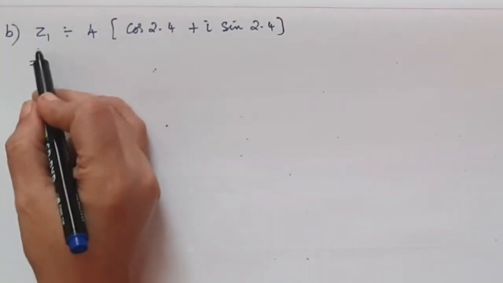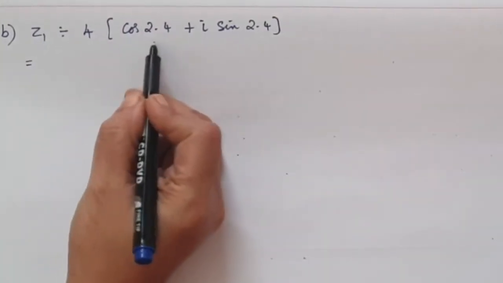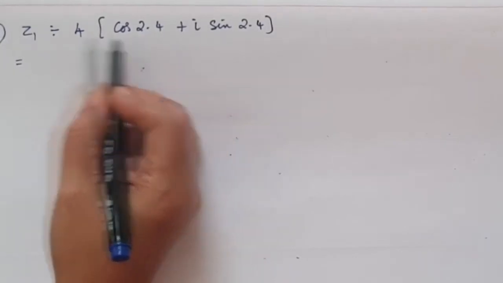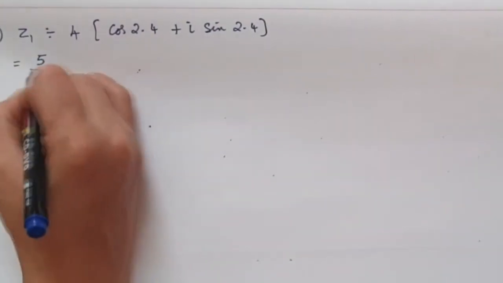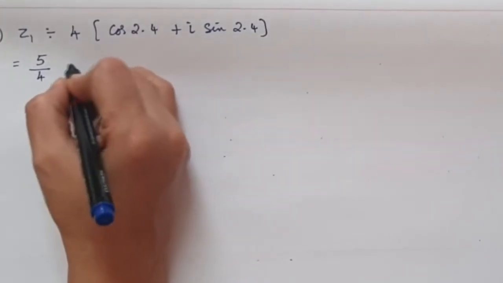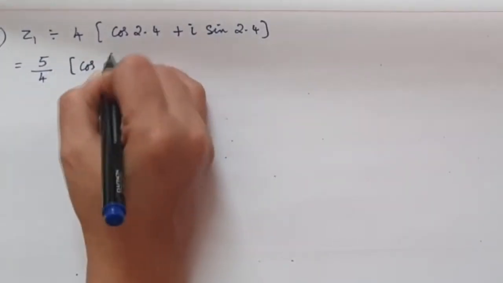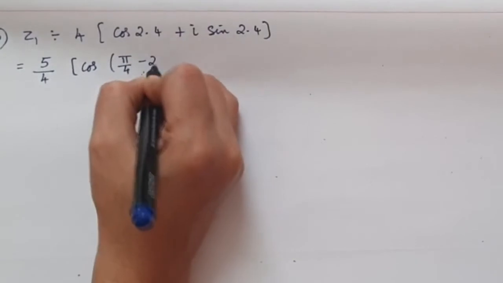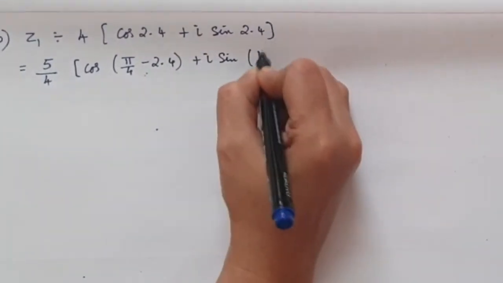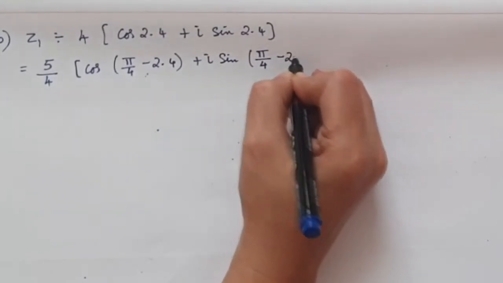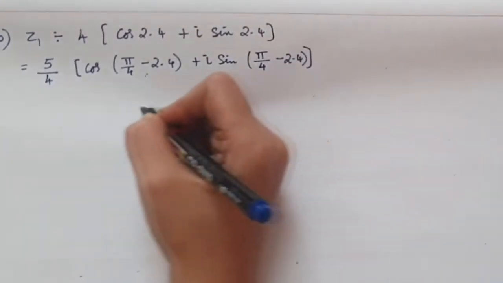Now the B part: z1 is divided by 4 cos 2.4 plus i sine 2.4. So we divide the magnitudes, magnitude of z1 over 4 is 5 over 4. Then we subtract the arguments. So it is cos of pi over 4 minus 2.4 plus i sine of pi over 4 minus 2.4.